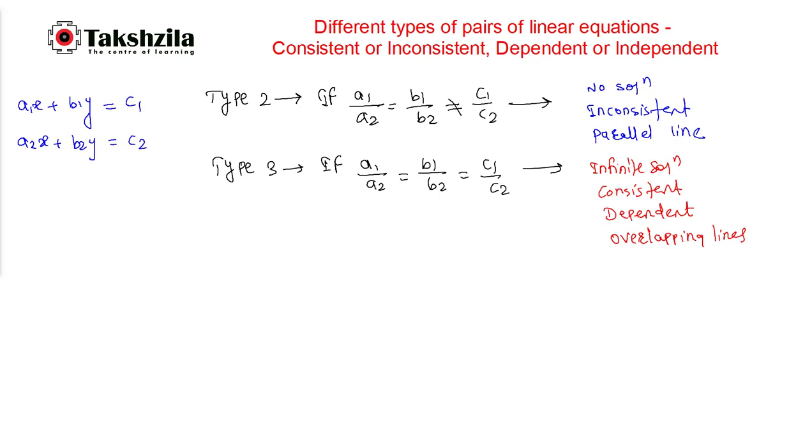Now, if the condition is a1 by a2 is not equal to b1 by b2, whether or not it is equal to c1 by c2, then what happens? This is type 1. So in this case, the given pair of equations will have a unique solution.